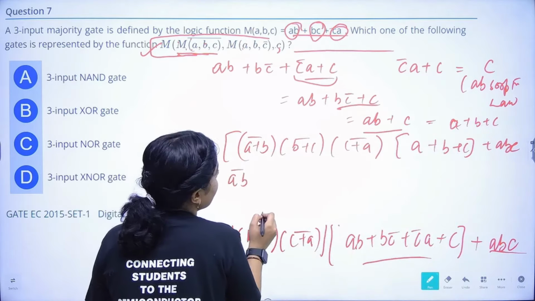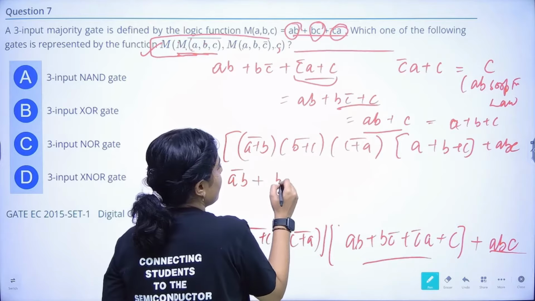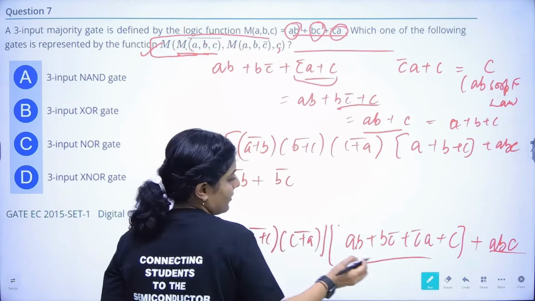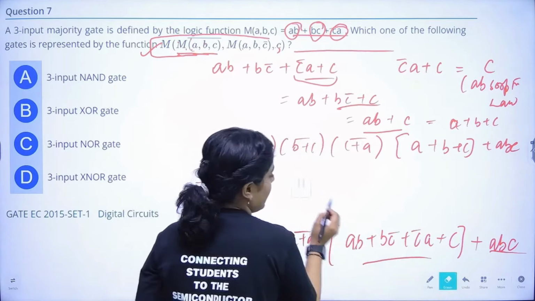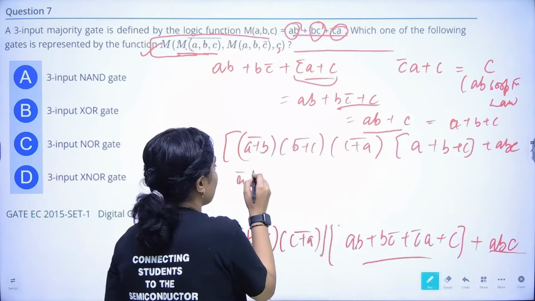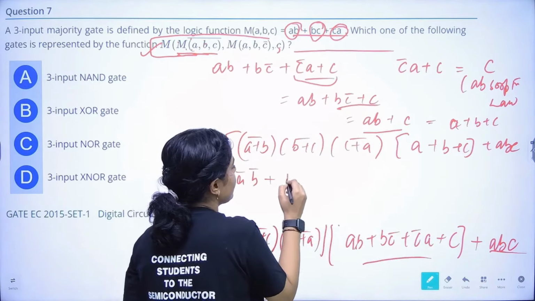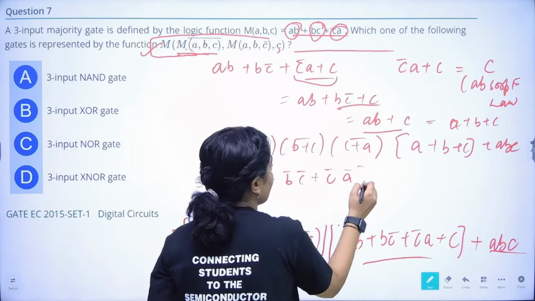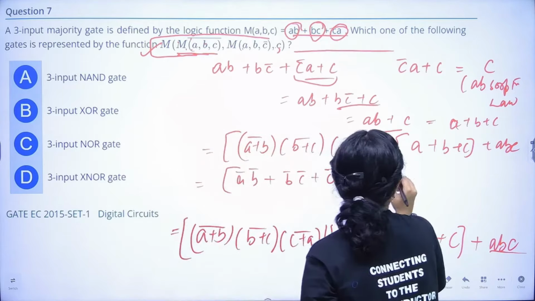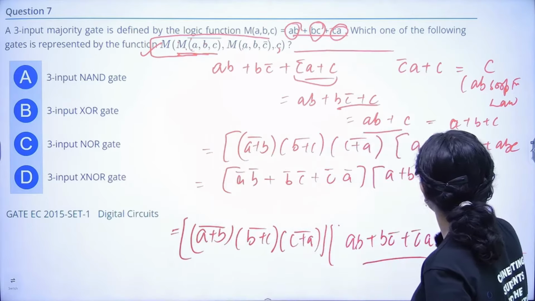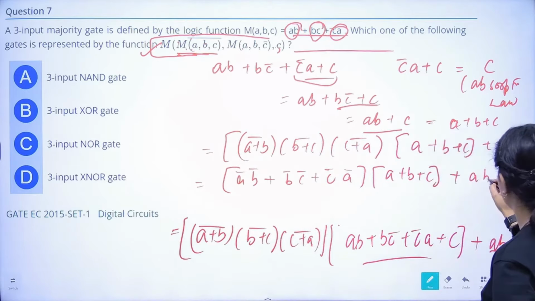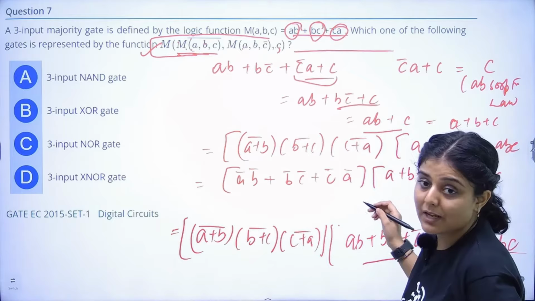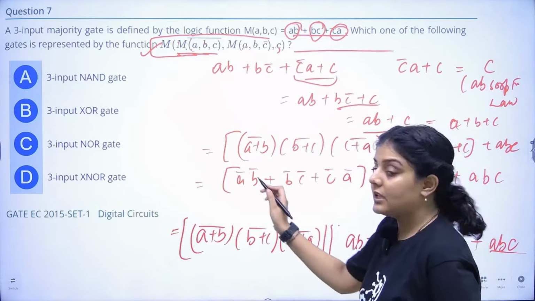So this will be A bar, B bar plus B bar, C bar plus C bar, A bar into A plus B plus C plus ABC. Now we have to multiply each term with each of these terms.